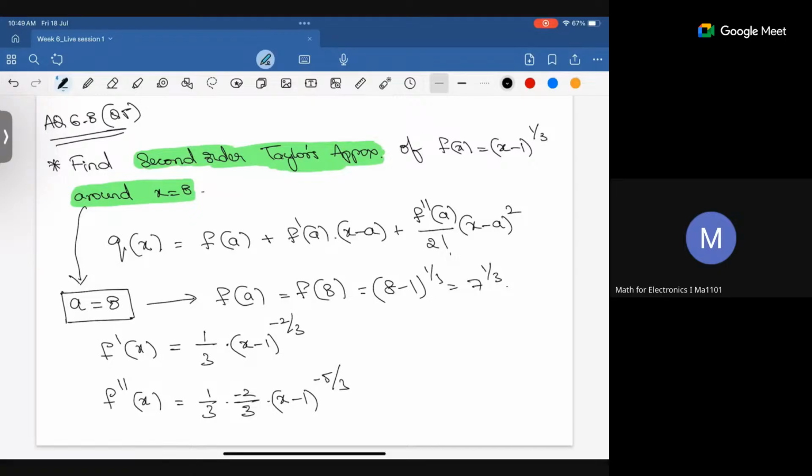That's all right. So from here, I can find f prime of a, which is f prime of 8, which is 1 by 3 into 7 power minus 2 by 3.